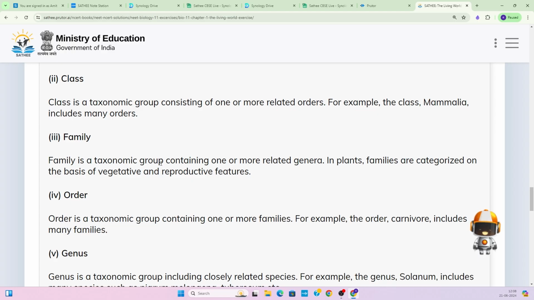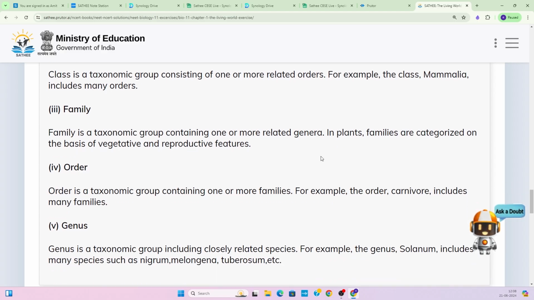In plants, families are characterized on the basis of vegetative and reproductive features. This is very, very important. Up to here we are using these characteristics: vegetative and reproductive features.